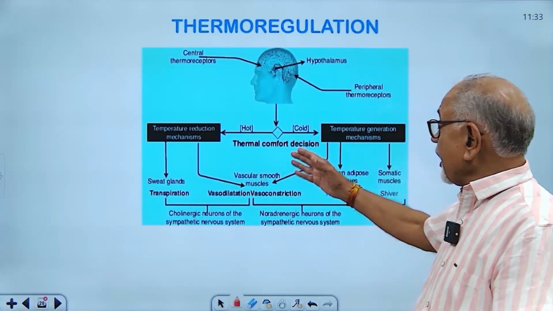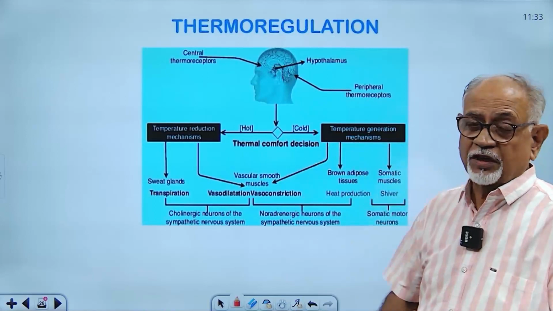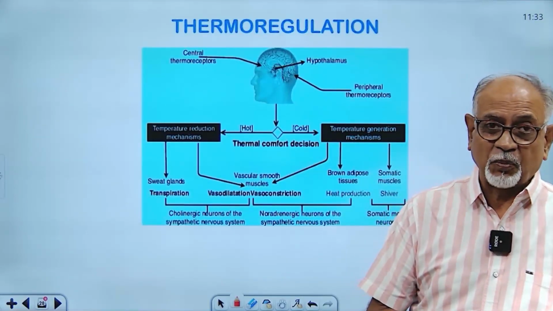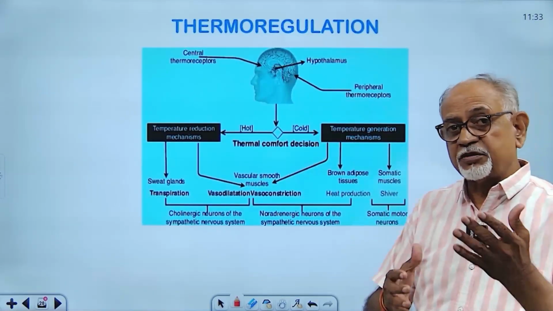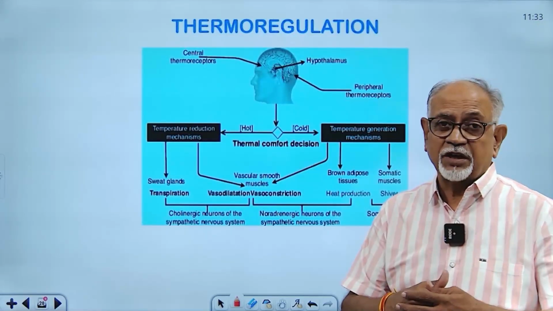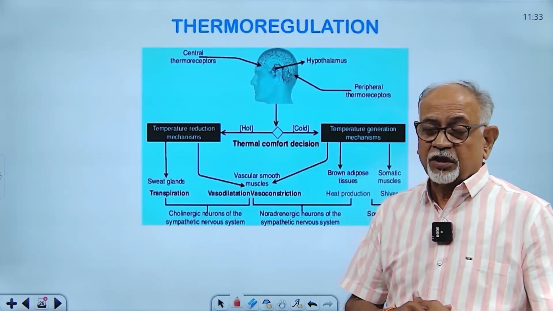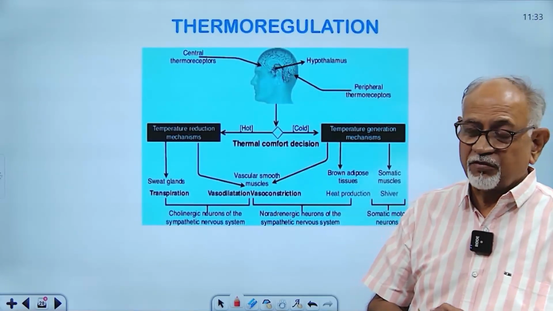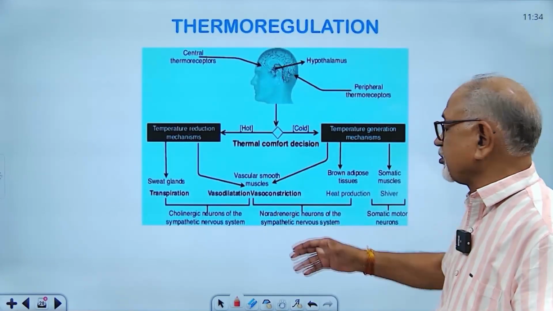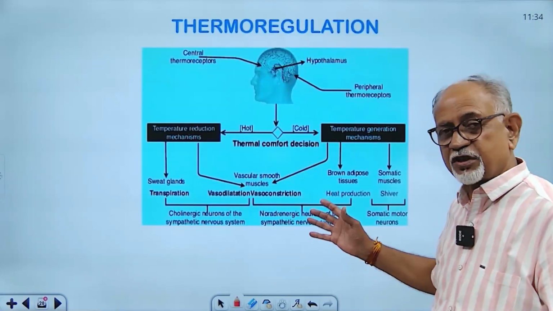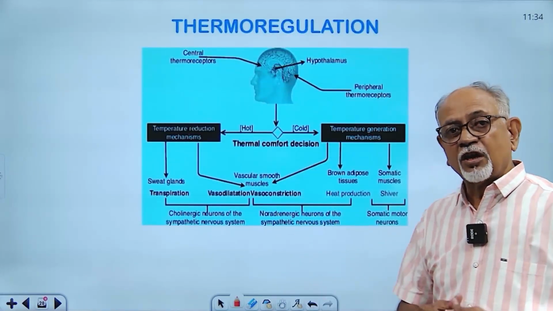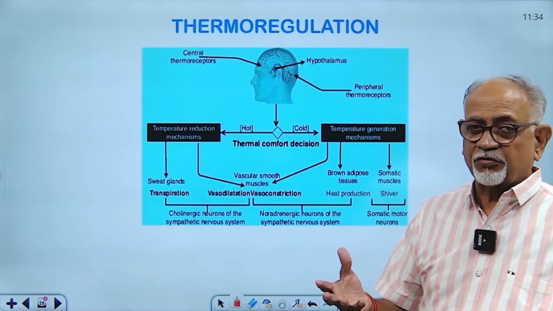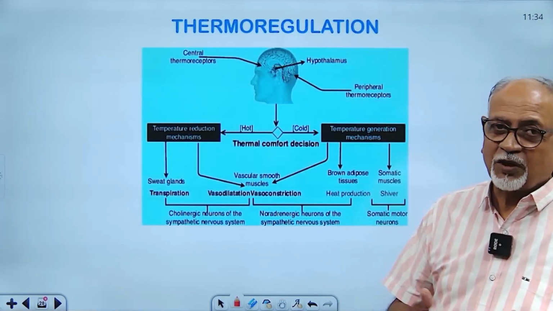On the other hand, when there is a cold atmosphere outside and that cold blood is supplied to the hypothalamus, the thermostat triggers a mechanism by which the sympathetic nervous system increases contraction in the smooth muscles as well as the skeletal muscles.